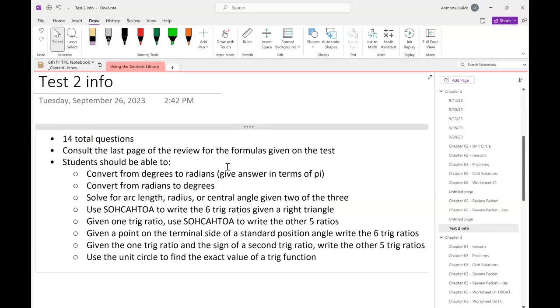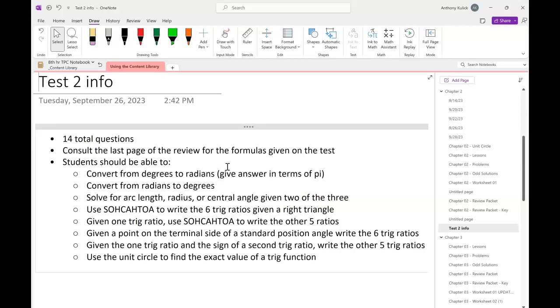You should be able to convert from radians to degrees. You should be able to solve for arc length, radius, or central angle when given 2 of the 3 measurements. You should be able to use SOHCAHTOA to write the 6 trig ratios given a right triangle. Given 1 trig ratio, you should be able to use SOHCAHTOA to write the other 5 ratios.